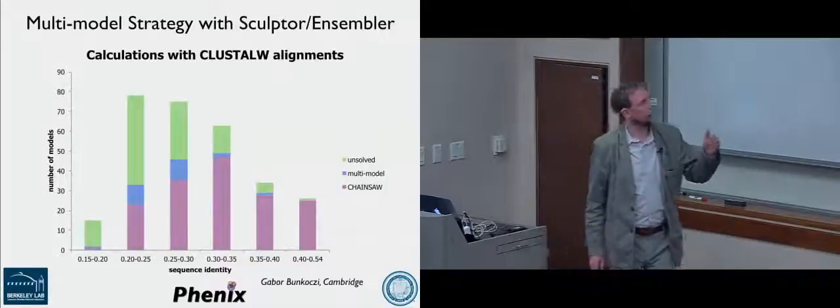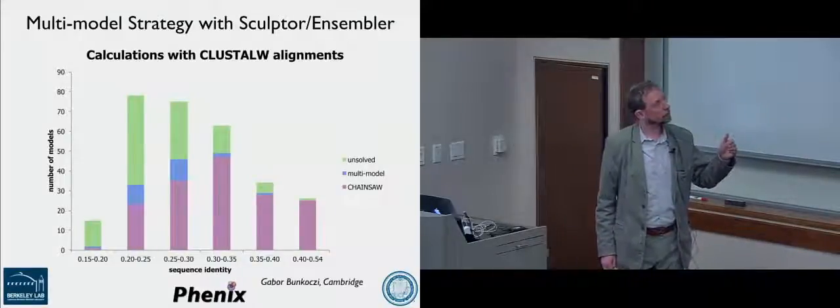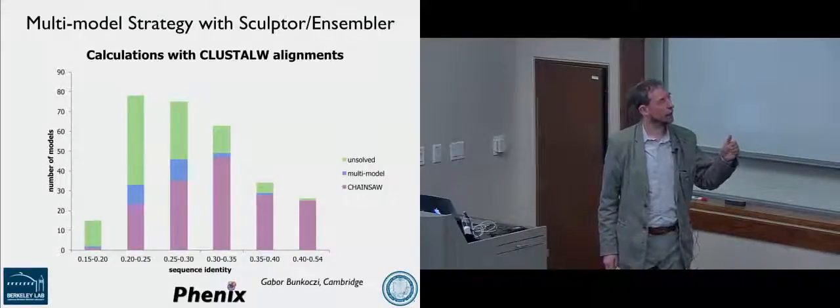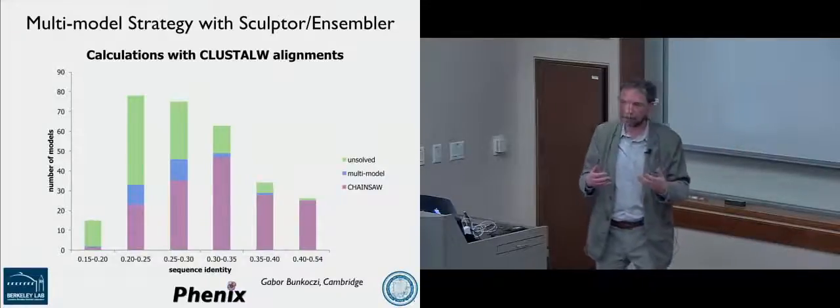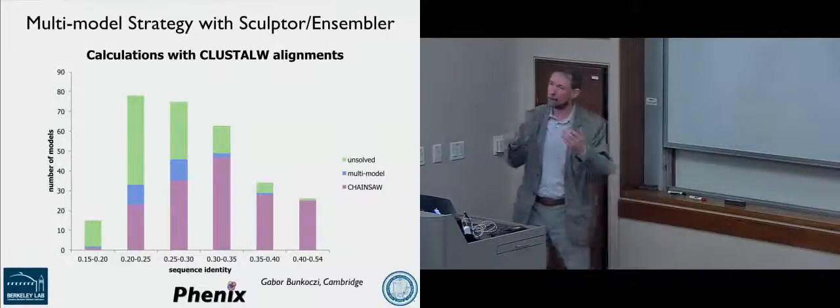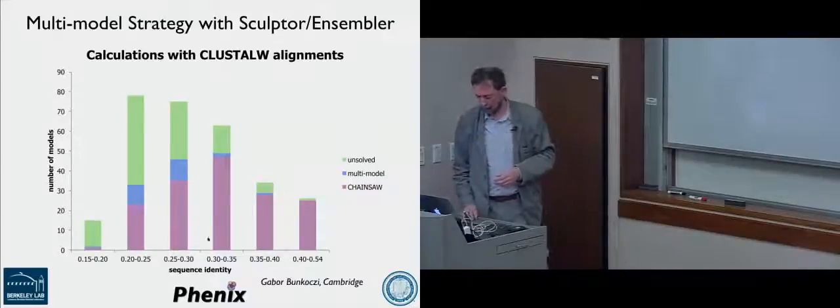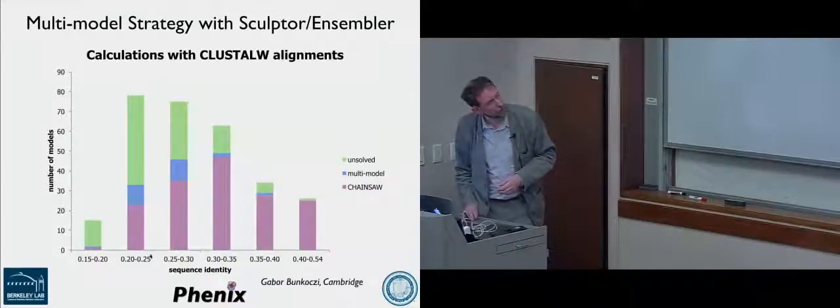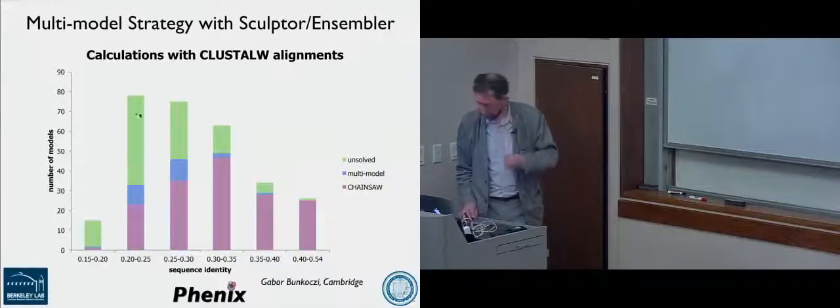And this just shows that you can use Sculptor and Ensembler together to make multiple different kinds of models. So not just taking one best model, but doing slightly different procedures. This shows a set of models ranked by sequence identity at the bottom. So the ones up on the right are easy to solve. Things on the left are very difficult. And this is the number of models that were available.